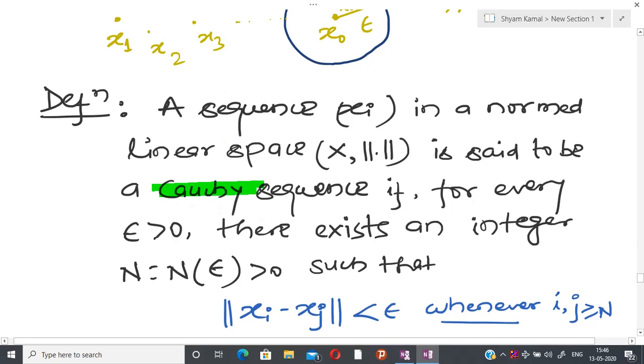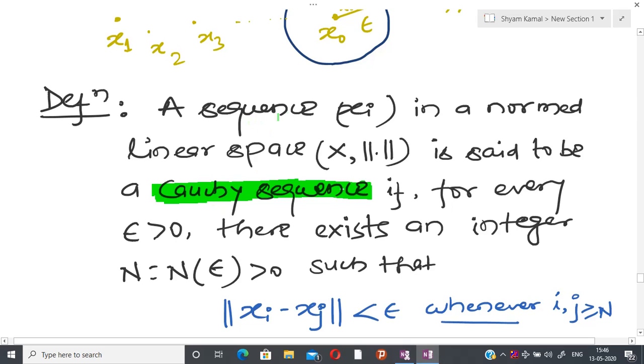So again the definition remains the same as above, just in place of the absolute value we have to talk about the norm.